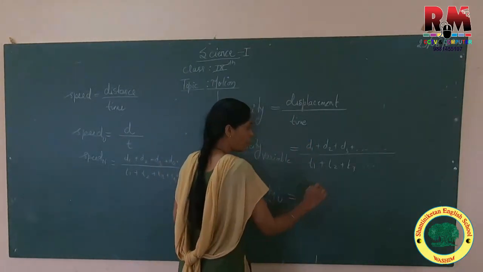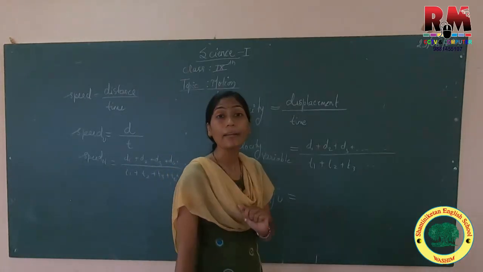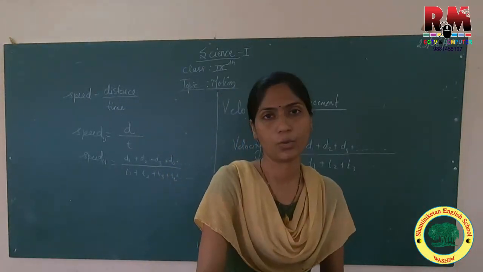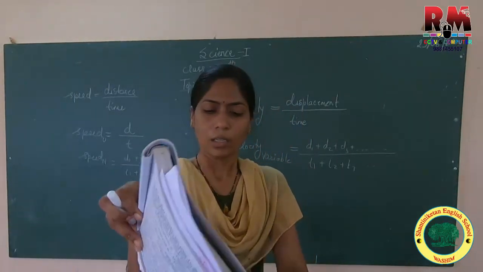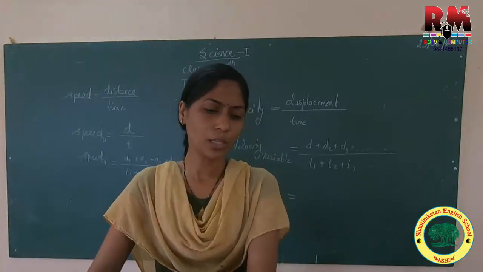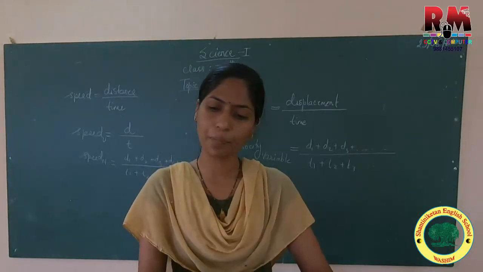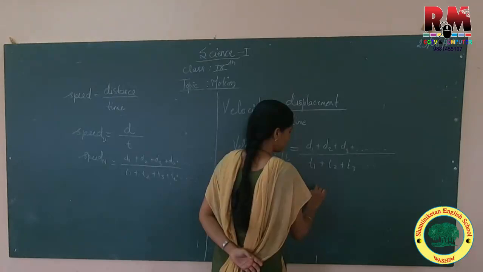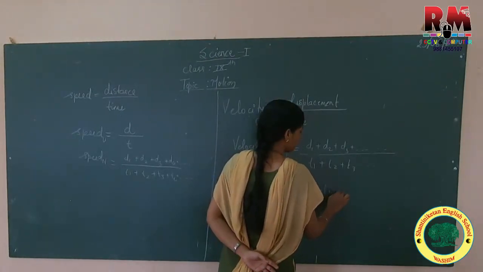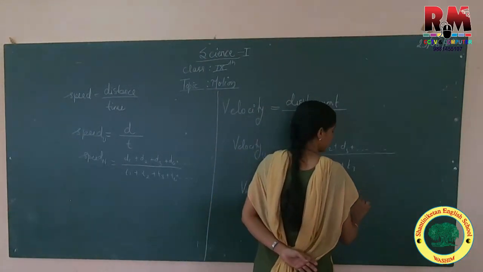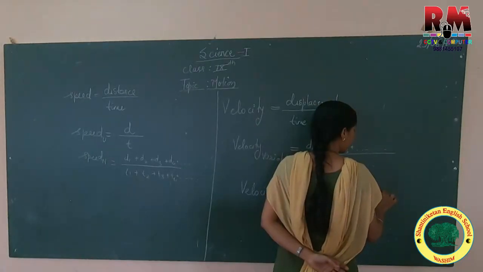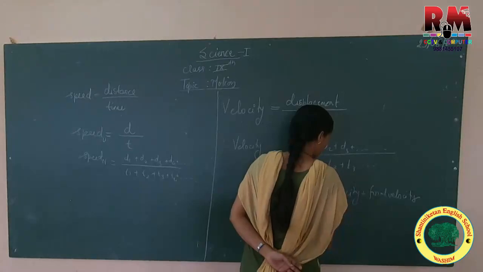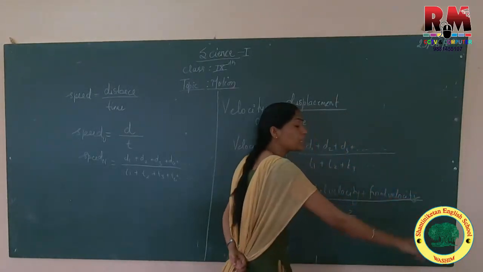For velocity having uniform motion, you have to take the average of initial and final values. The direct formula for average velocity is initial velocity plus final velocity upon 2.